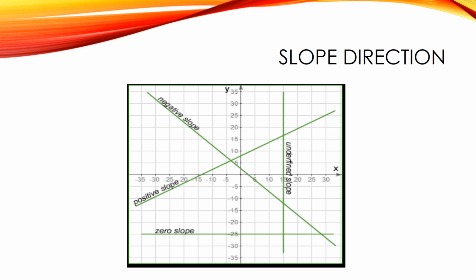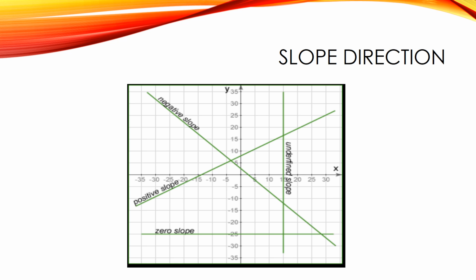So the line slopes upwards to the right. The slope will be a positive number. The line in this diagram has a slope of about plus 0.3. It goes up about 0.3 for every step of 1 along the x-axis.